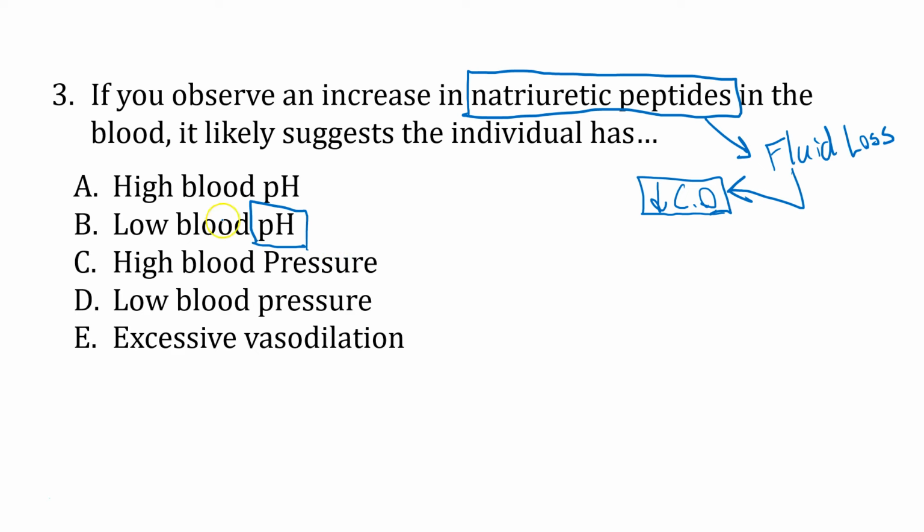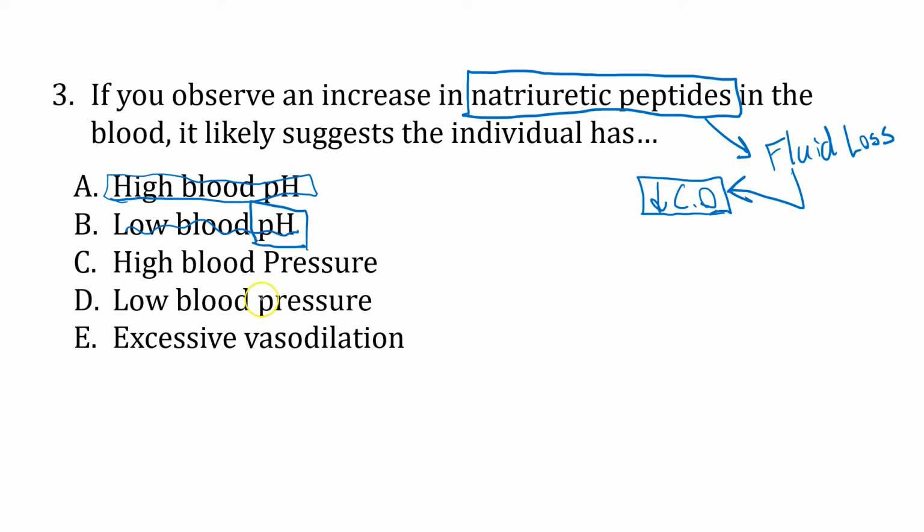But that's a little bit less of a direct relationship. So we might be tempted to think that A could perhaps be a possibility, but it's a little more ambiguous. And so let's take a look at some of these other ones.